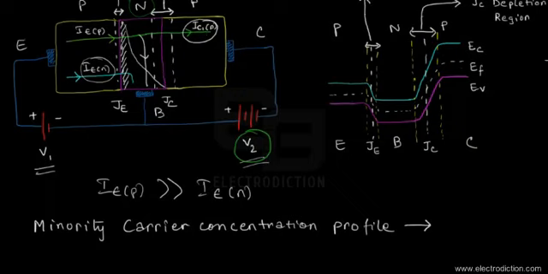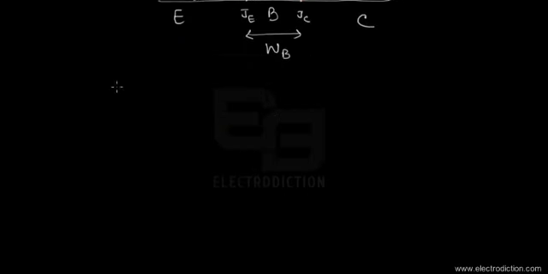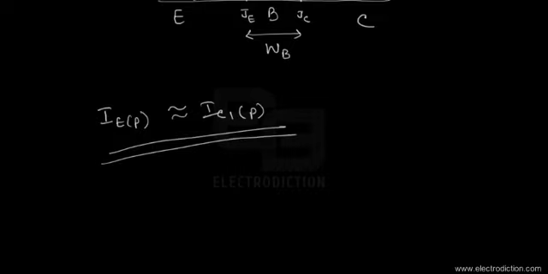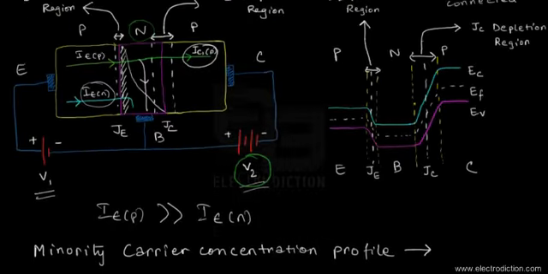So we can say that the emitter current due to the hole component, IEP, is approximately equal to IC1P, the remnant of the collector current due to the hole component coming from the emitter section.